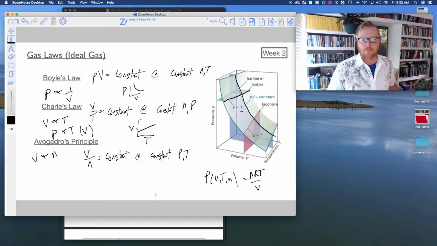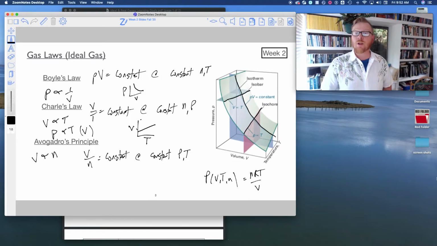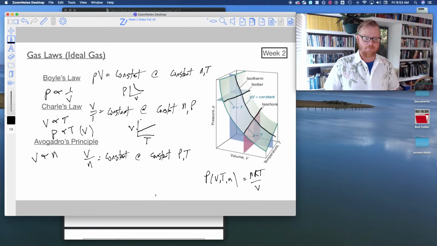So this, where did it go? This PT isochore, that's also a manifestation of Charles' law, okay? And so you can see at constant volume, pressure and temperature will increase directly. So two lines from Charles' law, isochores as well as isobars, okay?